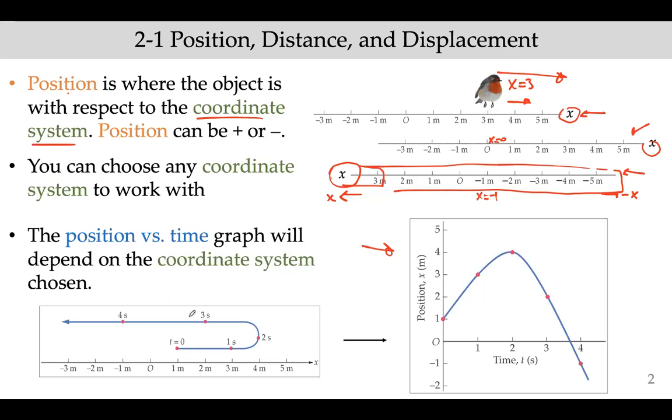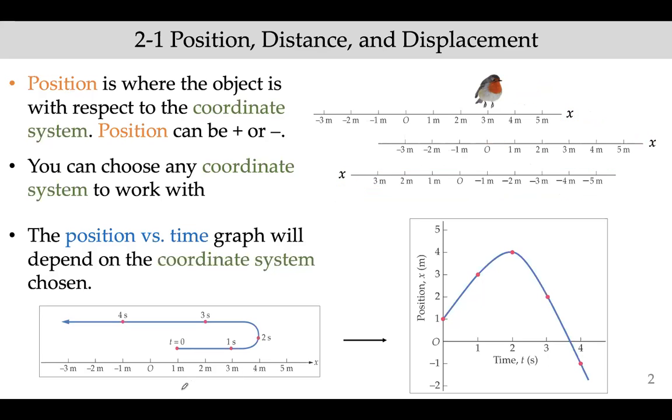For example, let's say we choose this coordinate system. Initially the object is at 1 meter with respect to this coordinate system, so on the position graph, at time equals 0, it will start from 1. If you chose a coordinate system where this point was 0, then your position graph would start from 0 like this, and it would go like this, right?